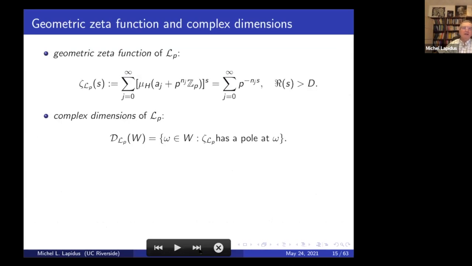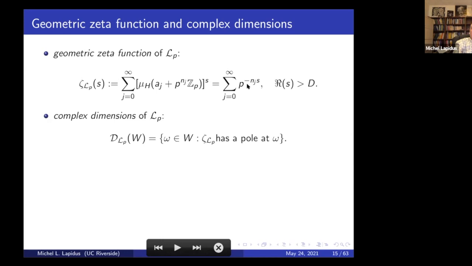Now we can define the geometric zeta function of L_p. It's just the sum of the Haar measures of these balls, or these p-adic intervals if you prefer to call them that, raised to the power s, where s is a suitable complex number. If you remember, the measure of this ball is p to the minus n_j.